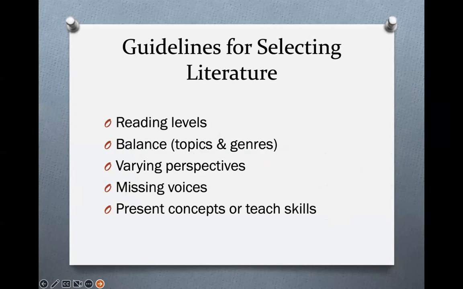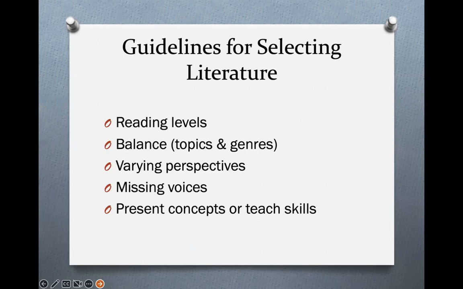But you just need to consider that you have books available that represent different levels. And then let's also continue with that variety theme, okay? Topics and genres, not just the things that you are the most interested in, but represent a nice variety. Genres, we mean like biographies, historical fiction, nonfiction, that type of thing, okay?